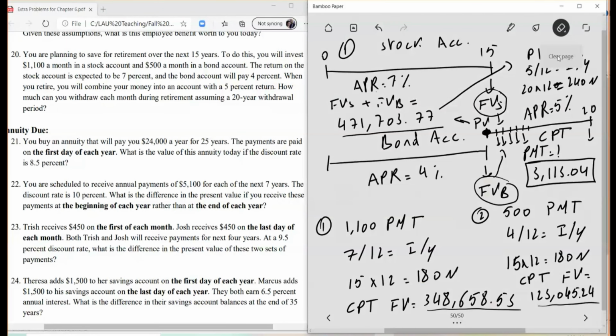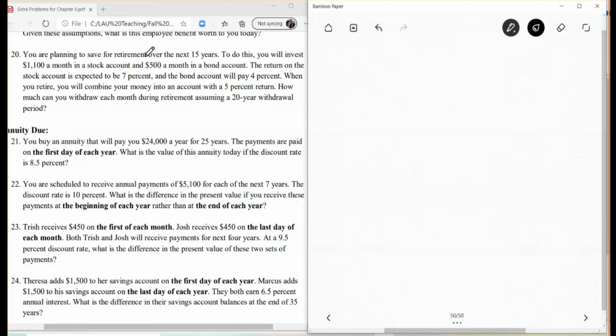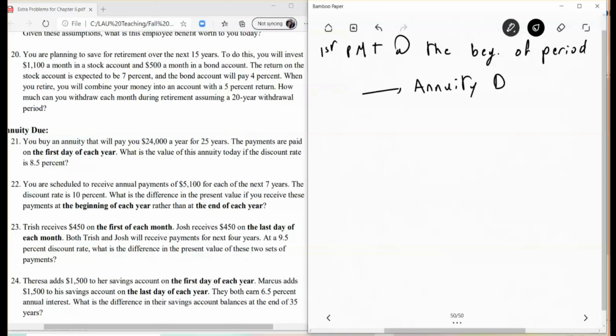Now I move to problems that relate to the annuity due. In order to determine that this is an annuity due, you need to determine when the first payment is happening. If the first payment is at the beginning of the period, this means I have an annuity due.